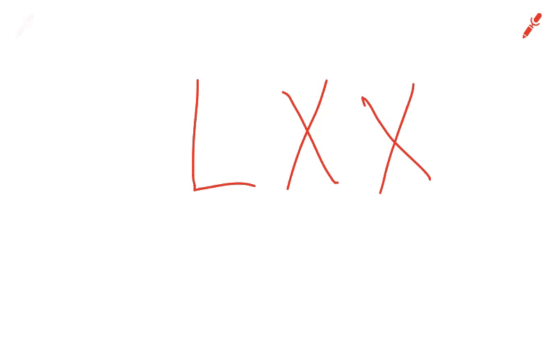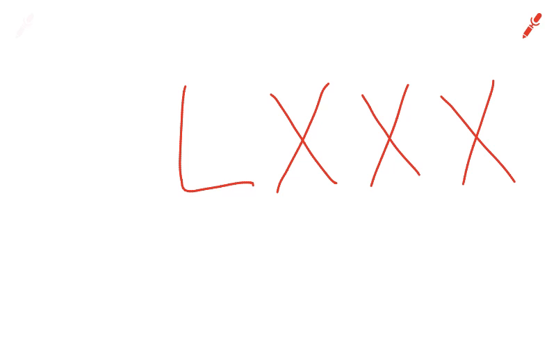Next one, what would 50 be? Well, it's L. 2F, what would 60 be? Well, L is 50 plus an X. LX is 60. 70 would be L, then 2 X's. 80 would be L, and then 3 X's. 90 would be XC.